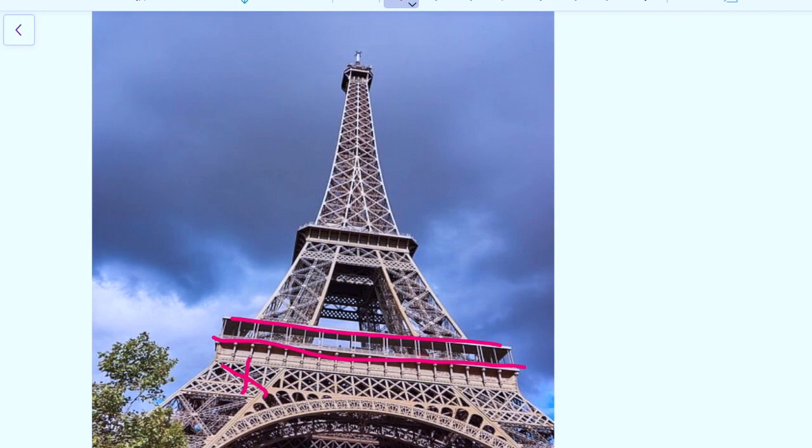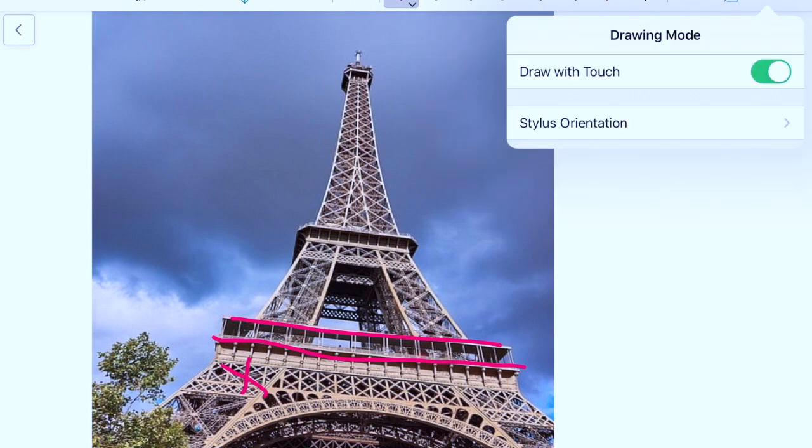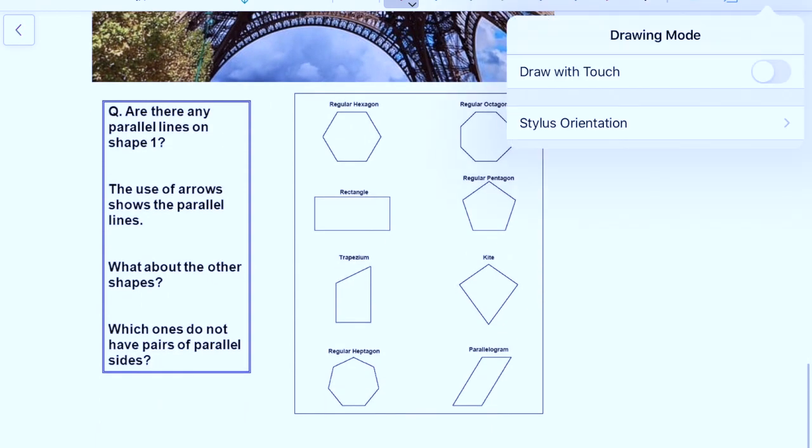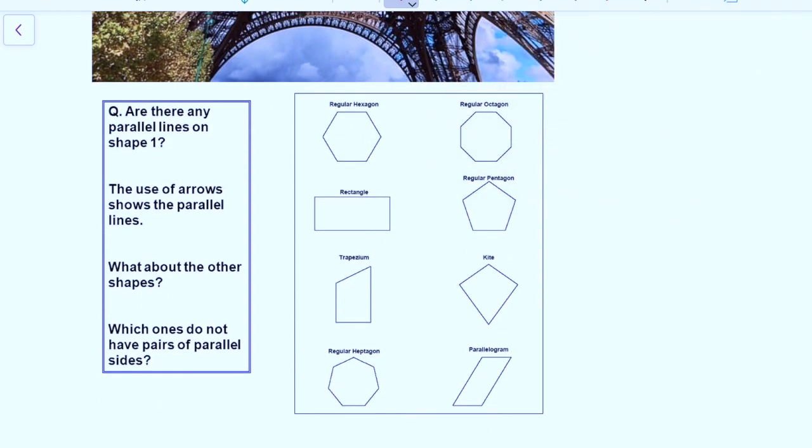So why don't you go ahead and work with these, look at these pictures and have a discussion in the classroom. I know you're going to learn the shapes, the quadrilaterals, coming up. So these are the shapes you're going to be learning. The rectangle has parallel sides, but also perpendicular sides. You can see the octagon has parallel sides, right?